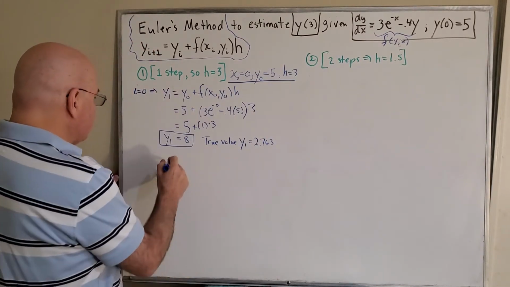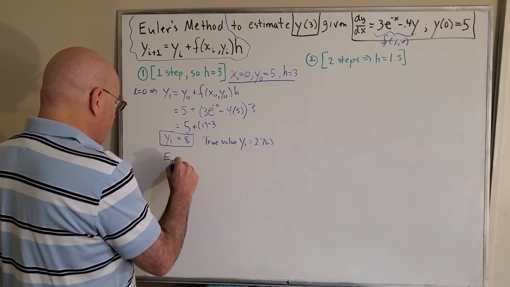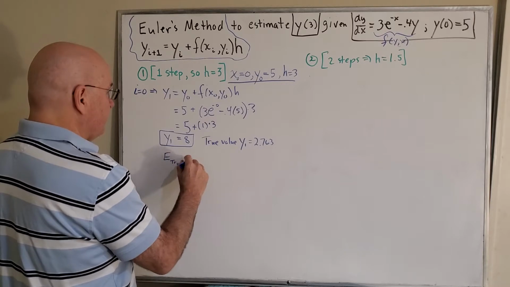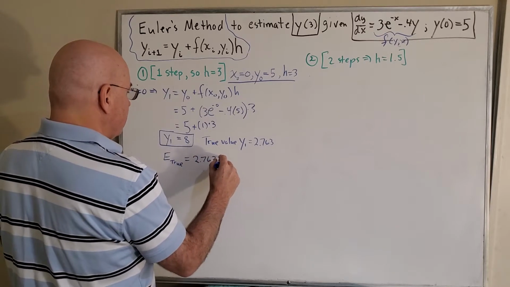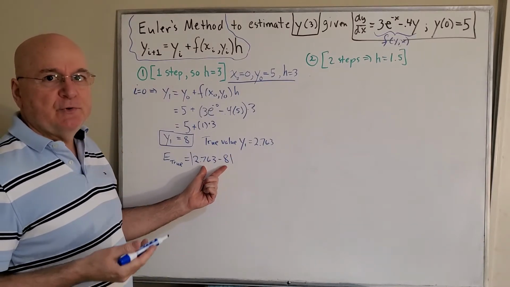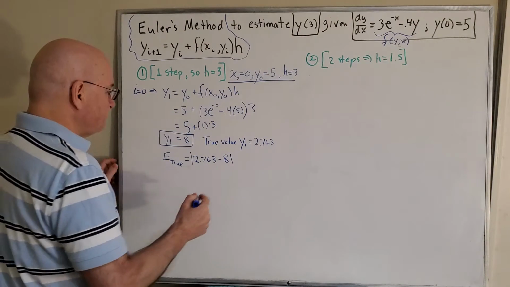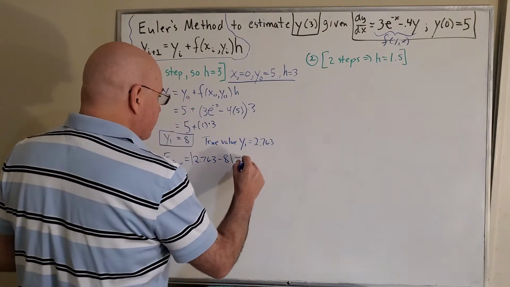So we could compute our error. Our true error is 2.763 minus 8 in absolute value. So this is our true absolute error, and that's equal to 5.237.